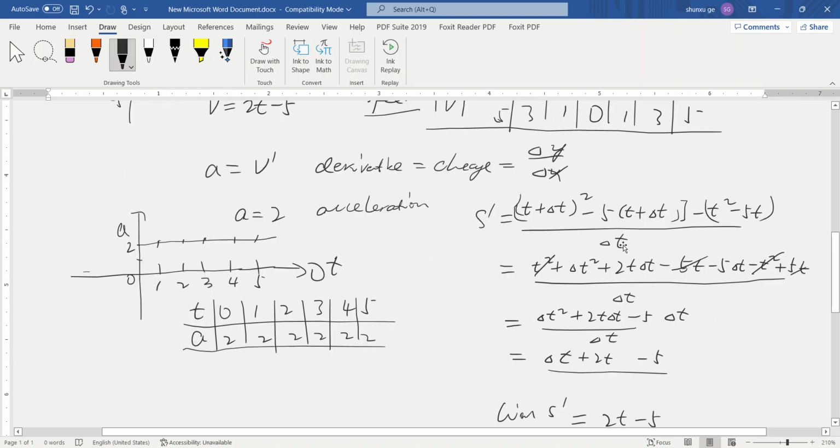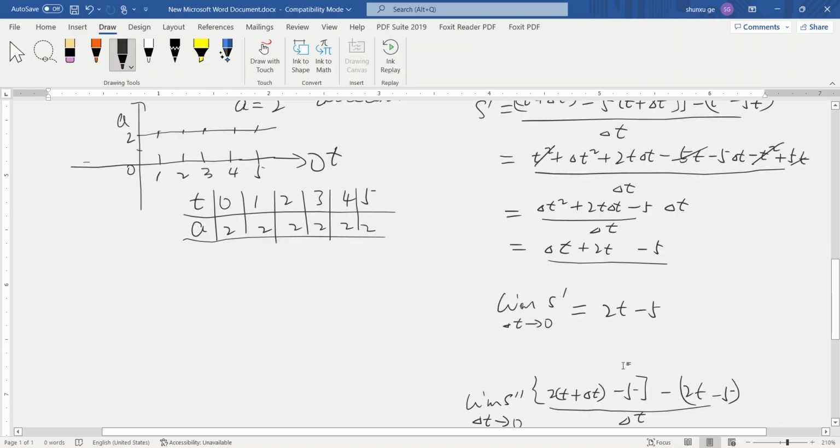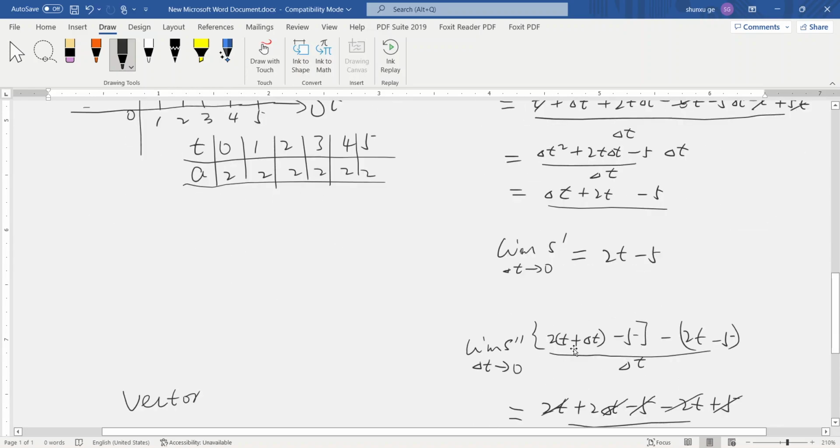We expand this, cancel the terms, and take the limit as delta t approaches 0. Substituting 0 here, we get a new function, 2t minus 5.